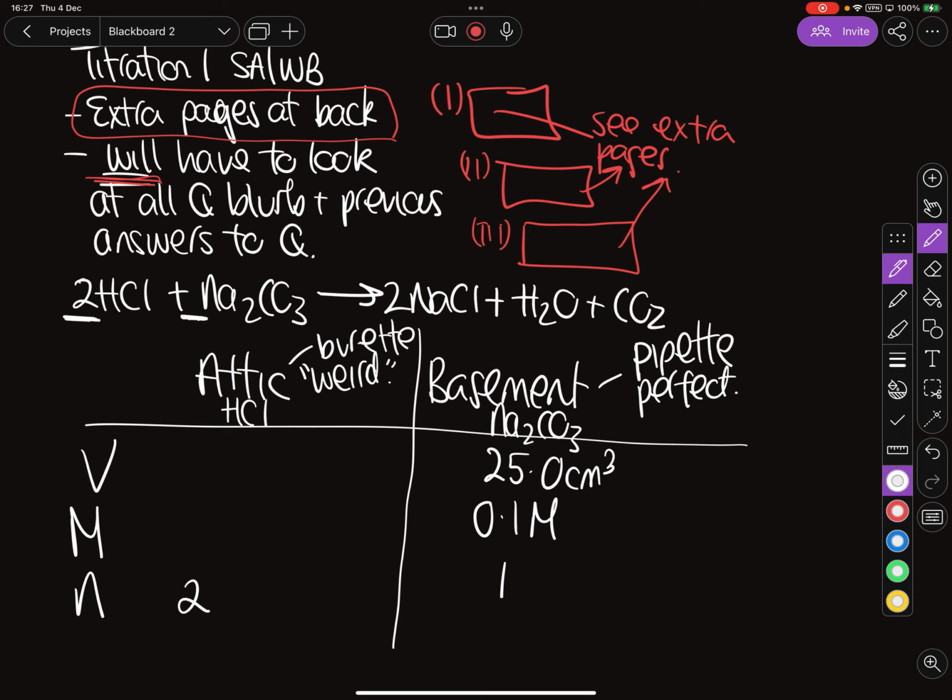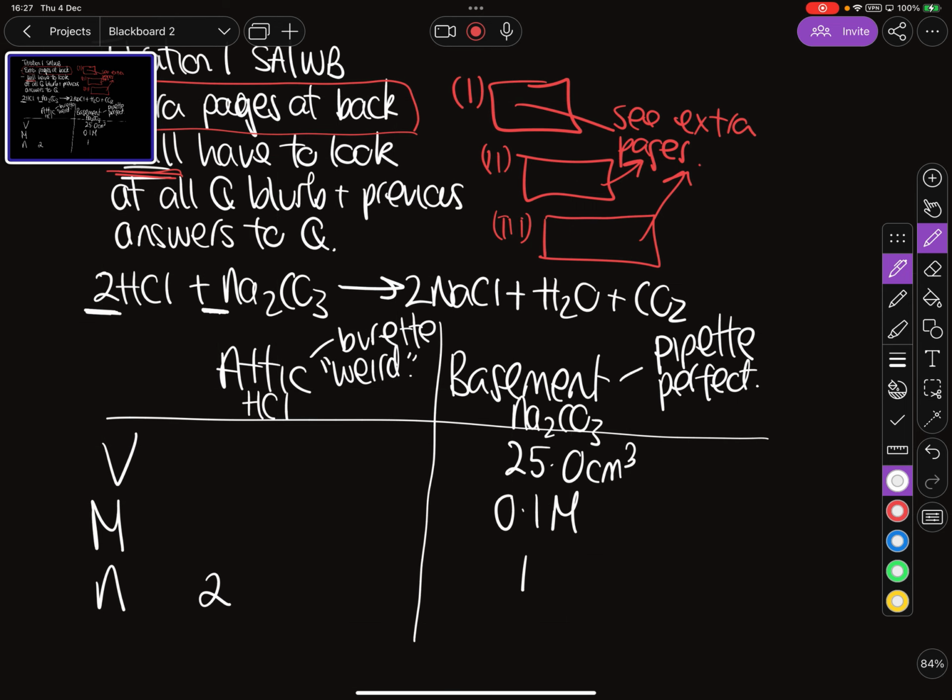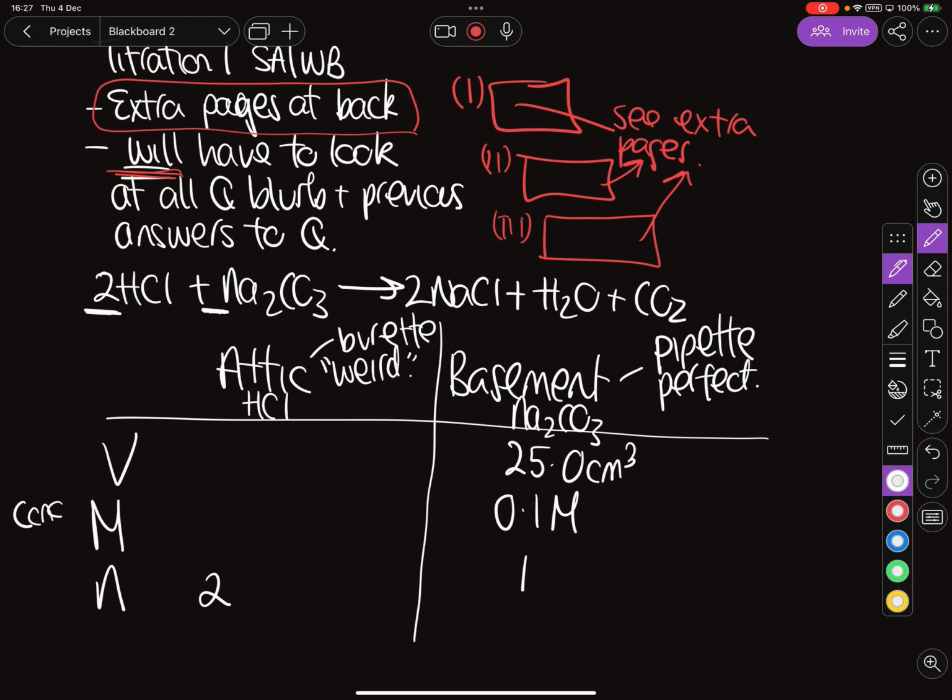I am not going to have a value for this, so some question somewhere along the lines is going to say concentration, possibly in moles per litre, in big M. It doesn't matter. Just do this maths and we'll see if we can pick out what we need to answer their questions. This will be a question mark. You should only ever have one of these spots filled.